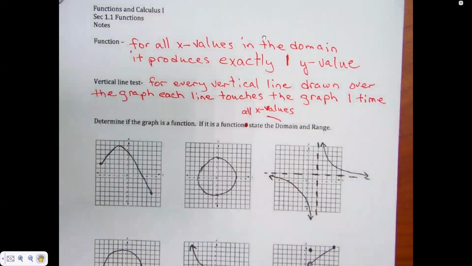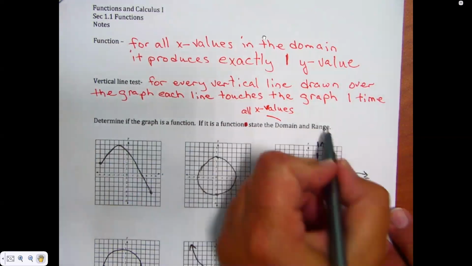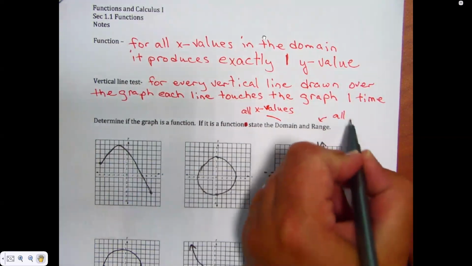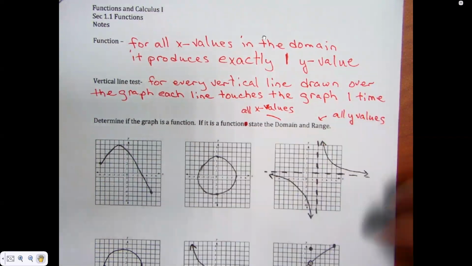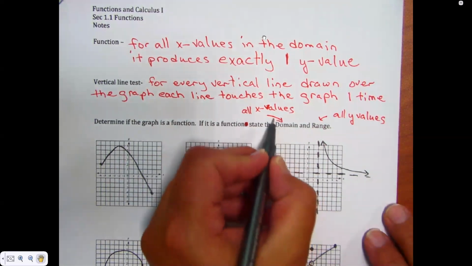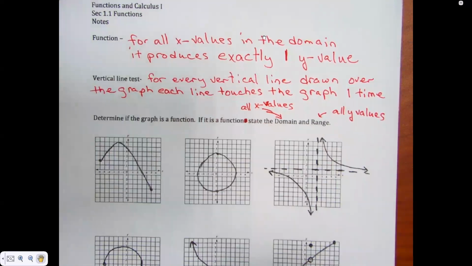And guess what the range is? All y values. And we're going to state that in interval notation. So that'll be another practice. Domain is x, range is y.